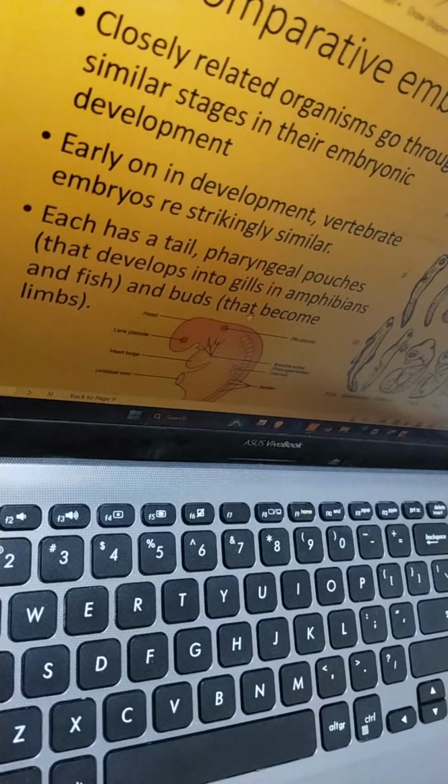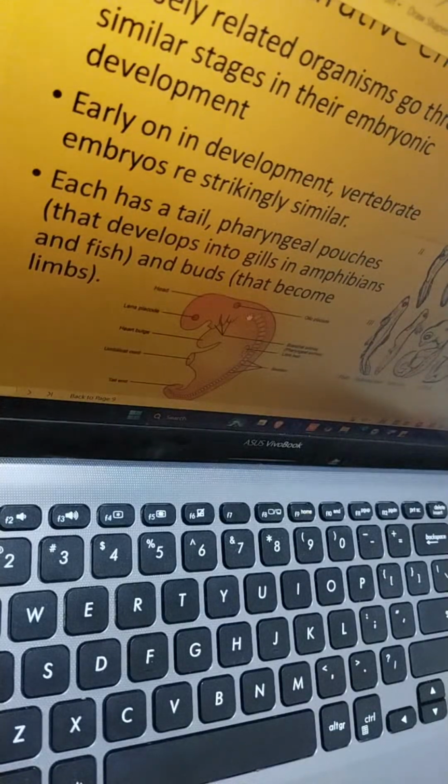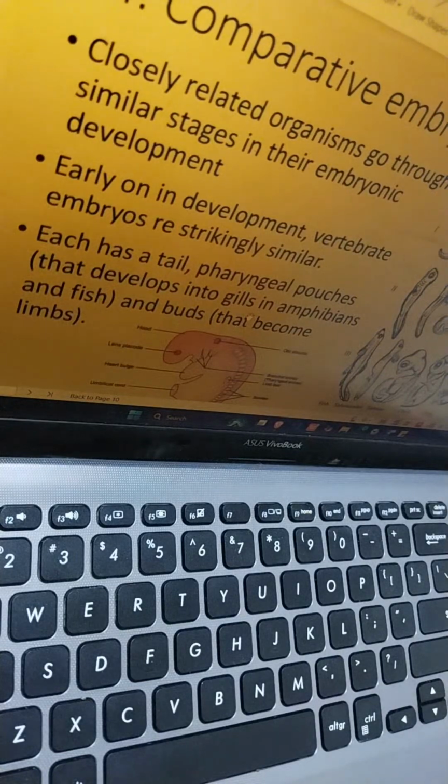Each has a tail and pharyngeal pouches that later turn into gills in amphibians and fish.